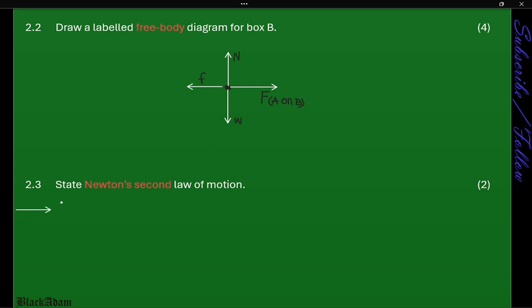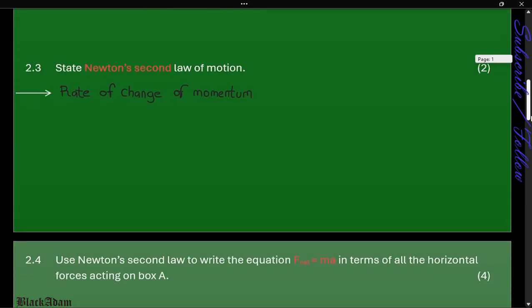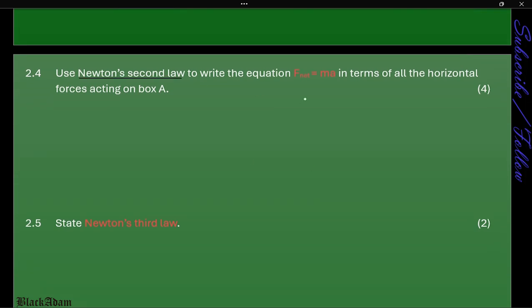And then Newton's second law determines the rate of change of momentum. So the rate of change of momentum is Newton's second law, even though we know that it's the product of mass times acceleration and so forth. So Newton's second law, we should write it in an equation.